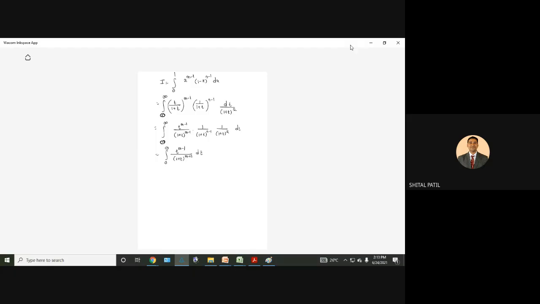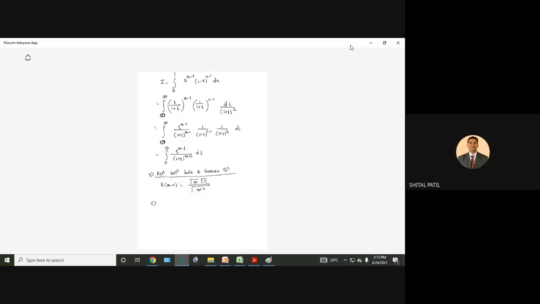Next, a few more formulas, but without proof right now. Beta m, n equal to gamma m gamma n divided by gamma m plus n.